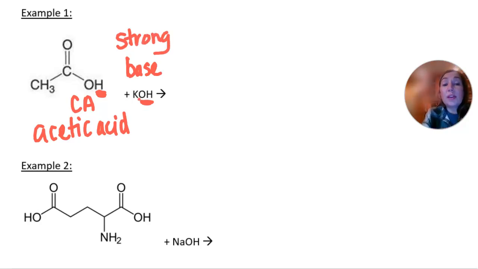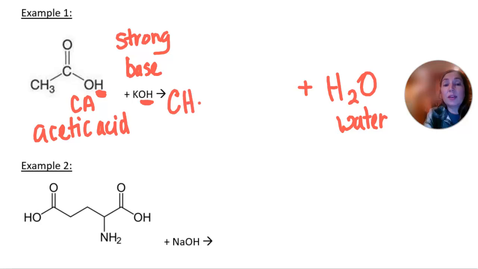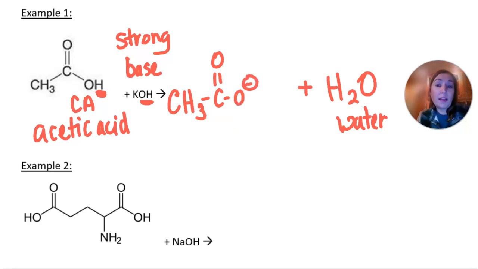When the OH and the H get together, that makes our water. Then we copy from acetic acid the beginning of its formula, the CH3, and then the C, double bonded to the O, bonded to the O, and that O is going to be negative, instead of putting that last hydrogen on it, that was lost to water.